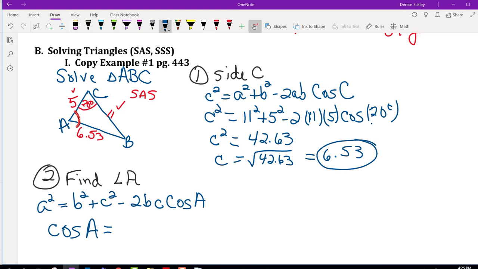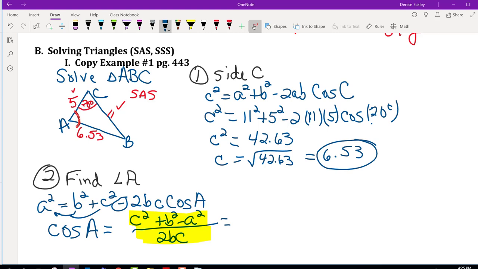So cosine of A is C squared plus B squared minus A squared all over 2BC. If you don't believe me, go through and figure that out. The reason the signs are all backwards is that you're going to subtract the B squared and the C squared, but remember you have that negative sign there. So this form is what I'm going to substitute into to find my angle A.